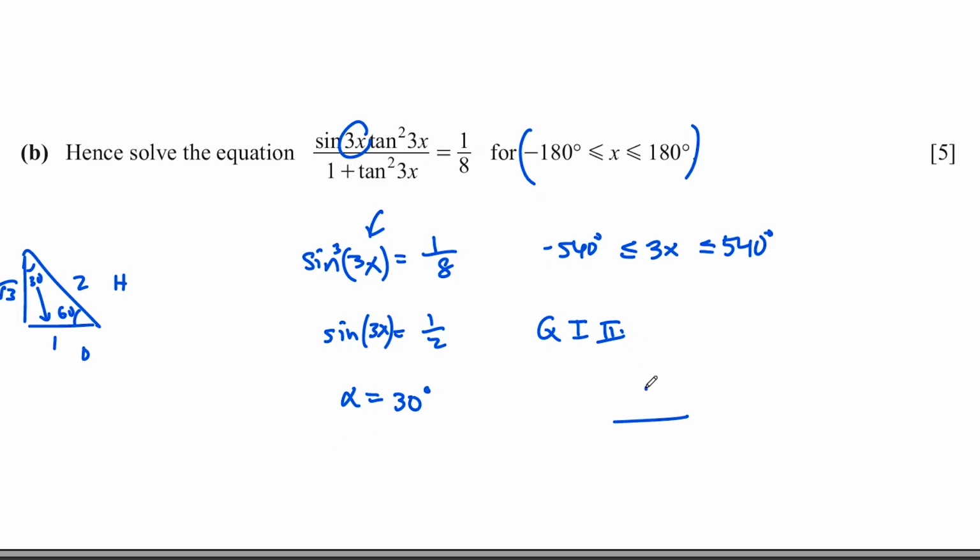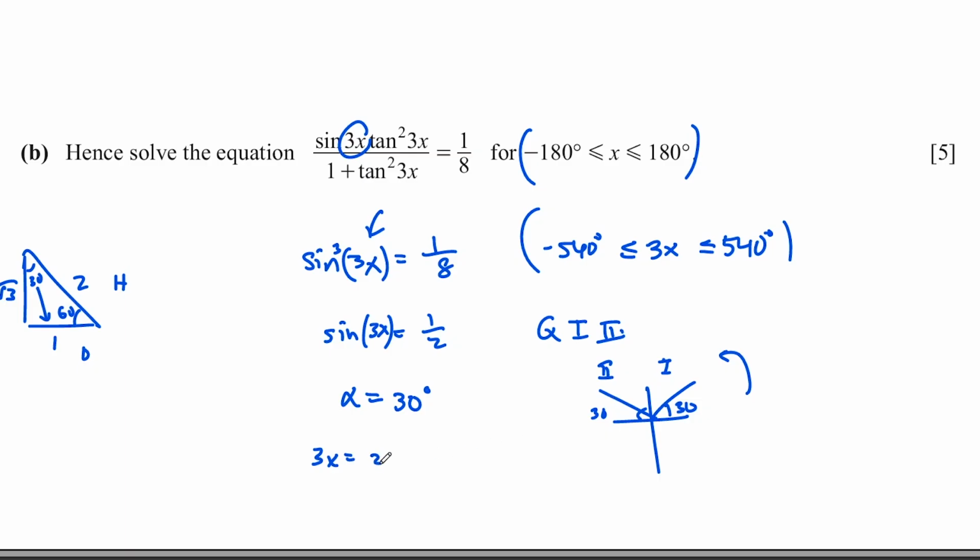And we want to see all the solutions within this range of angles between the first and second quadrant. So we will have, for 3x, actually quite a lot of solutions. So 30 and 150. First we're just going to go anticlockwise for the positive angles.